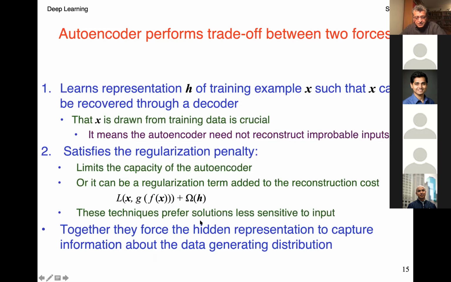These techniques prefer solutions less sensitive to the input. Together, they force the hidden representation to capture information about the data generating distribution. So we are trying to learn the nature of this data, what is the surface it is going to be on, by imposing a loss function.